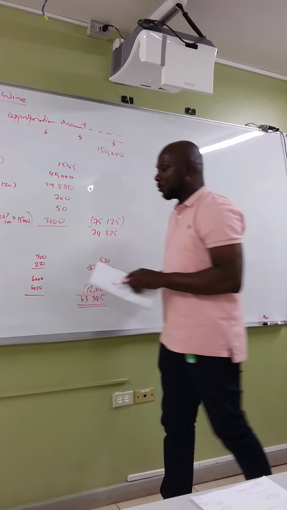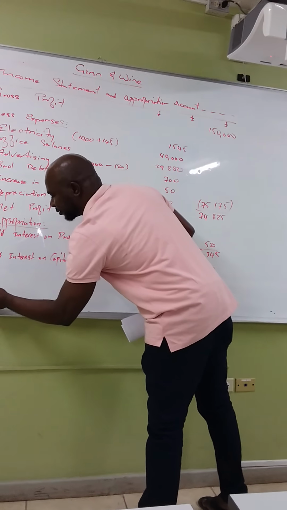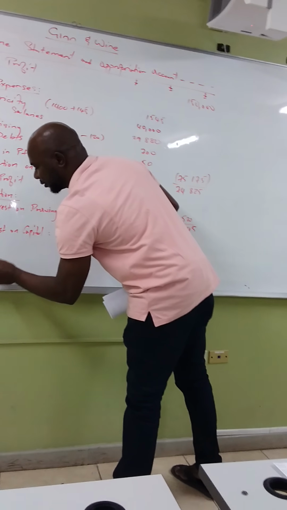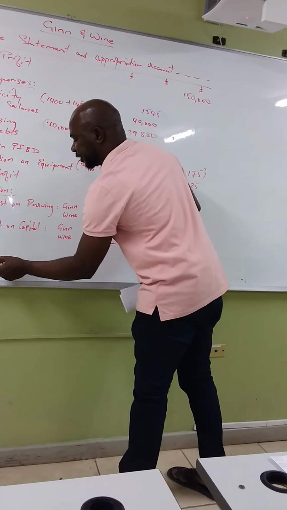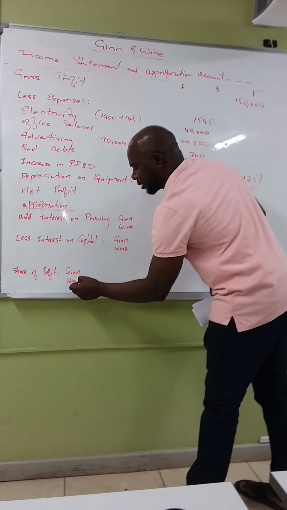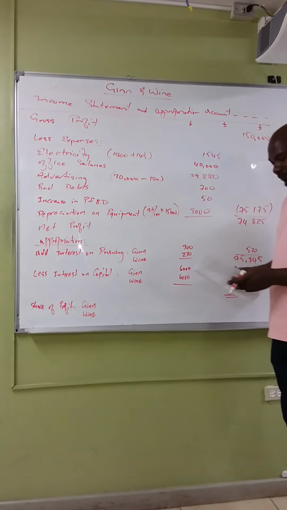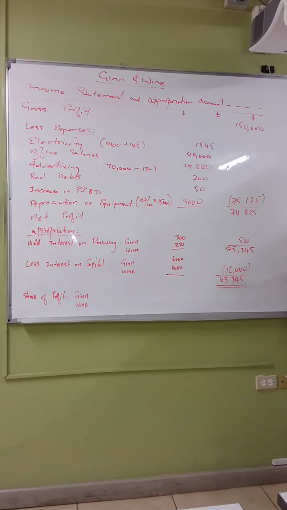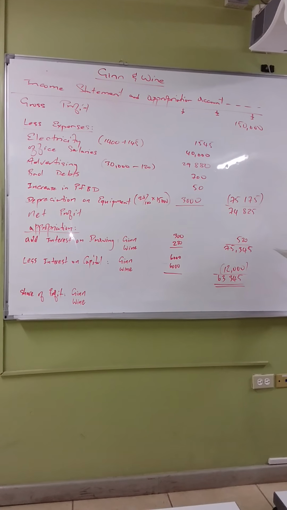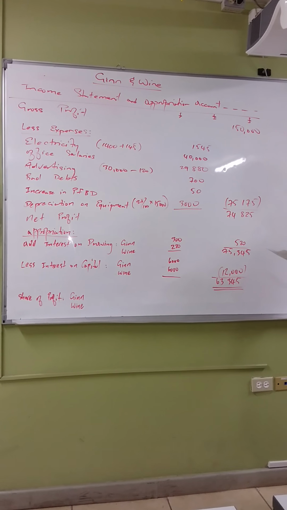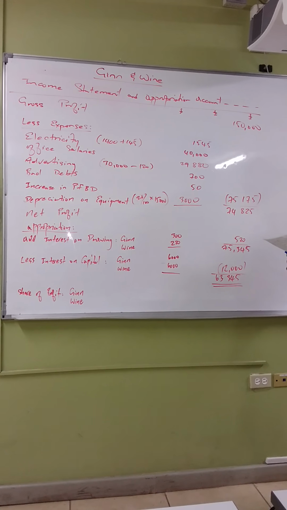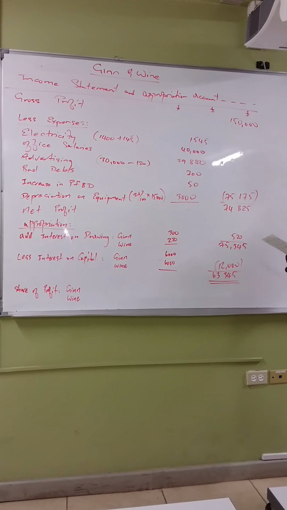Now from there we move into our share of profit. Again, our partners being Gin and Wine. Now the final note, which is note 7, speaks to how it should be shared. It says profit and loss are to be shared in the ratio of 2 to 3 between Gin and Wine.